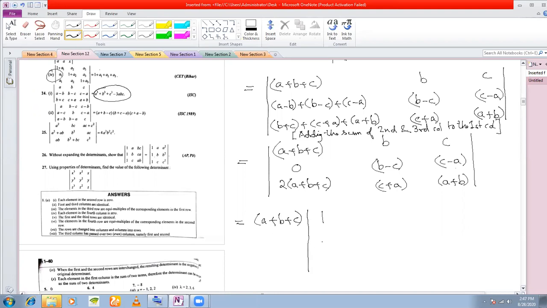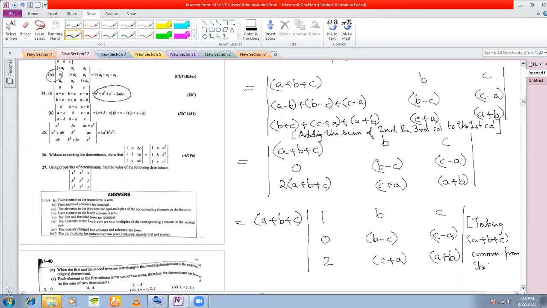What do you get? 1, 0, 2. And these remain as they are: b, b minus c, c plus a, c, c minus a plus b. Taking a plus b plus c common from the first column.